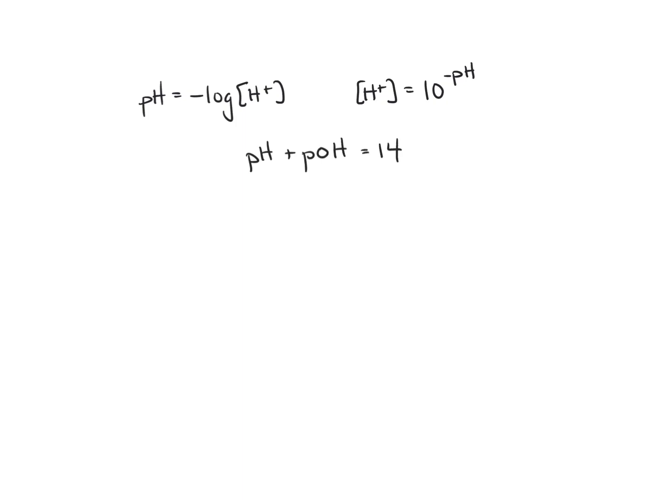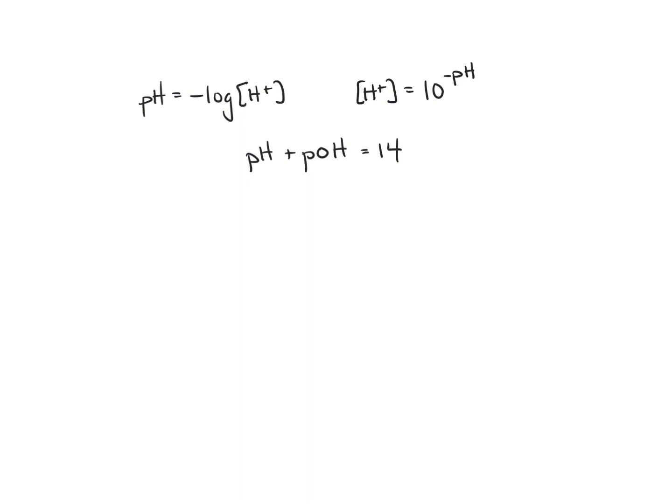All right, so let's put all the pieces together. To figure out pH, we take the negative log of the concentration of H plus. If we're given the H plus, you just plug that in and solve for the pH. But if you're given the pH, then the concentration of H plus is equal to 10 to the negative pH. If we're given just pH, then we can use this equation, pH plus pOH equals 14.